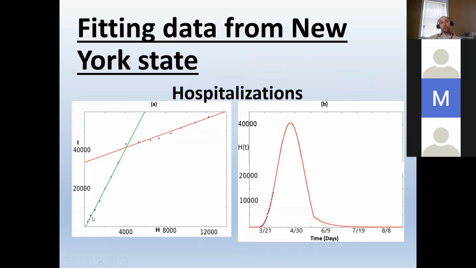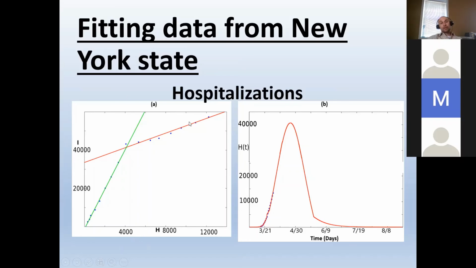So a point was to make a regular linear regression between the I of t and the data from daily people entering hospital with COVID-19.